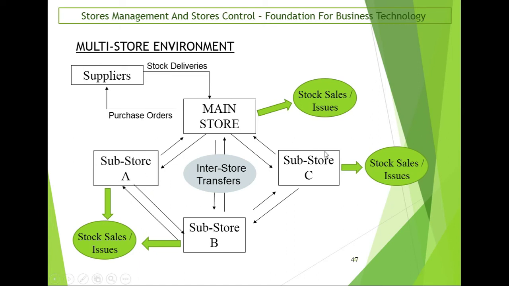So when we ask for a report for the individual store, each store will report a balance of 4 at main store and 2 at each one of these sub-stores. But when we now ask for the overall report for the company, the balance for the broom will be 10.